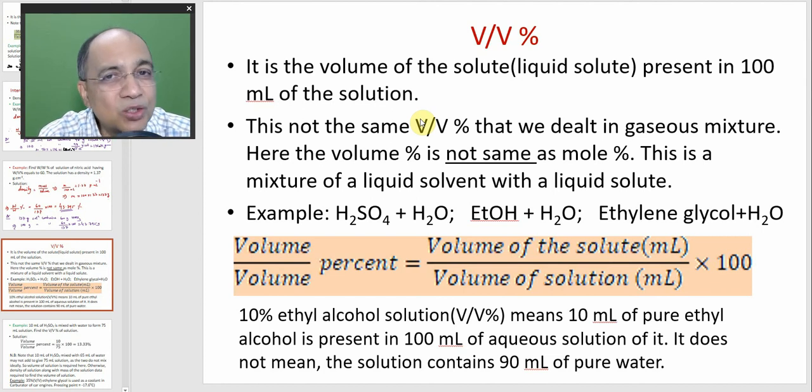In that case, the two will simply be added up, and the volume of the mixture will be the same as the sum of the volumes of the individual liquid solutions. We have to neglect any volume change.